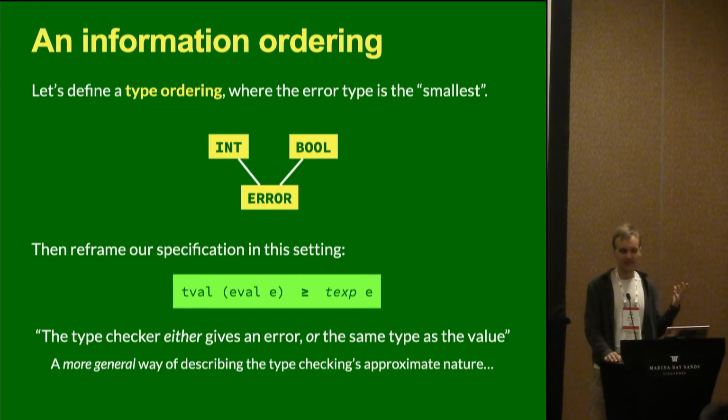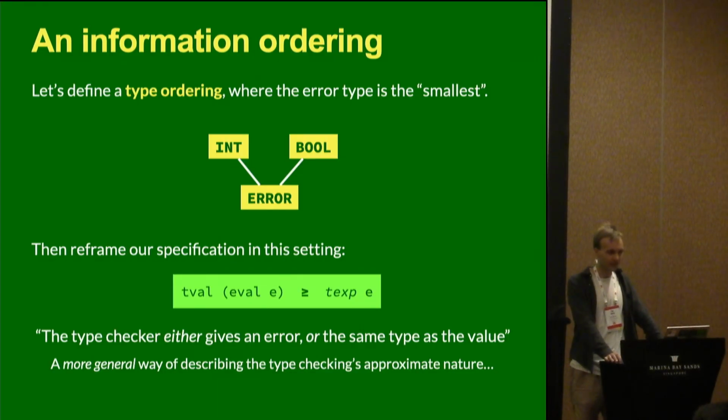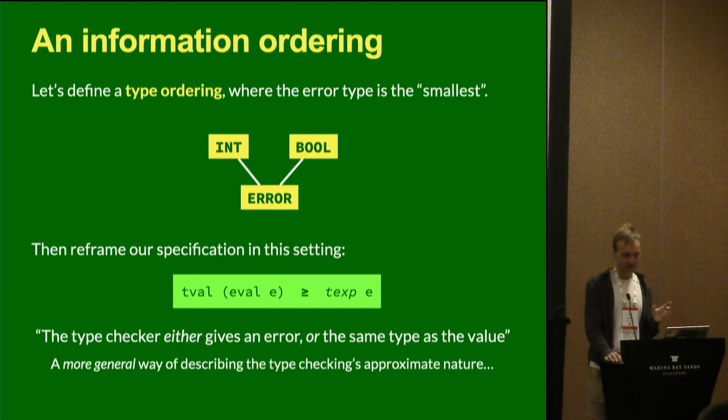It contains less information in some way, and this lets us write a slightly different specification as an inequality rather than an equation. So here you can see that the type checker might give the type that we're looking for, but it's also allowed to give something which is less specified. In this initial set of types, that's just going to be error, but you could look at more complicated type systems as well.